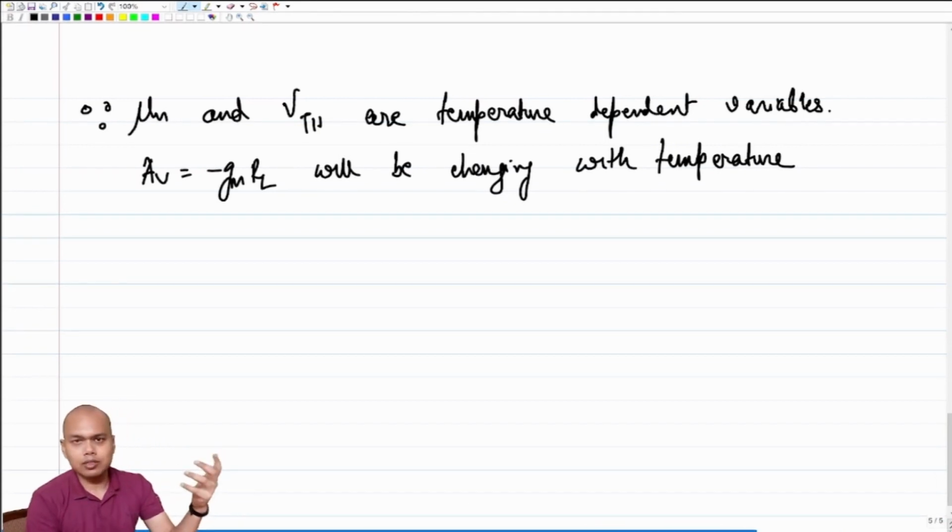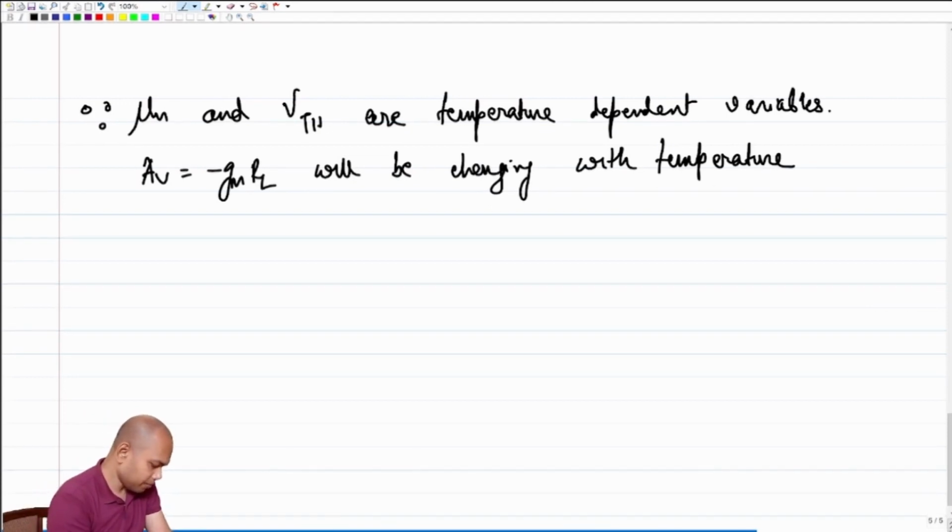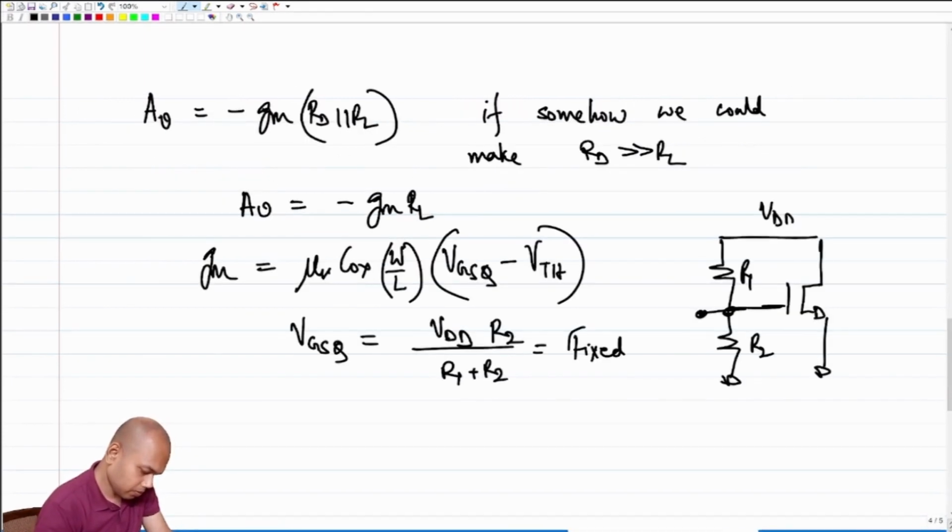So this is something that will not be acceptable even to us when we buy a product. We want reliability. So what is Gm? Gm is mu n Cox W over L times VGSQ minus threshold voltage, correct?